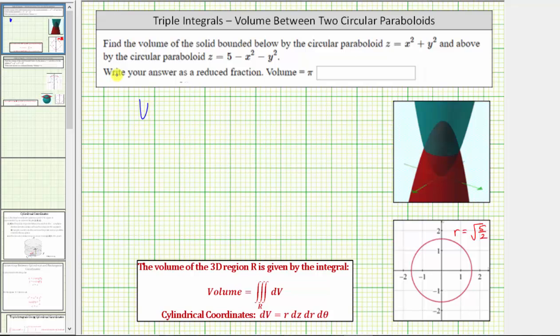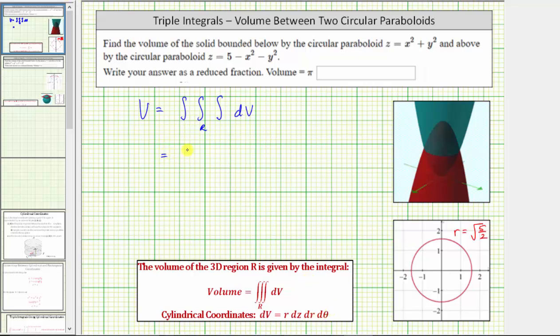So the volume V is equal to the triple integral over the 3D region R differential V. And again, because the intersection of the two paraboloids is a circle, we will be using cylindrical coordinates where dV is equal to r dz dr d theta.